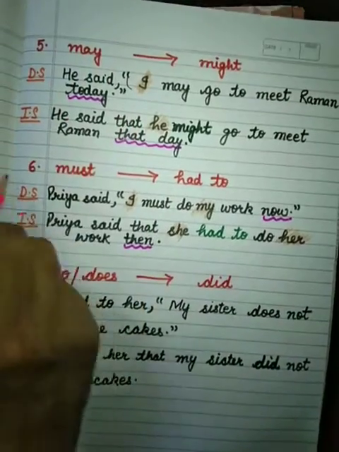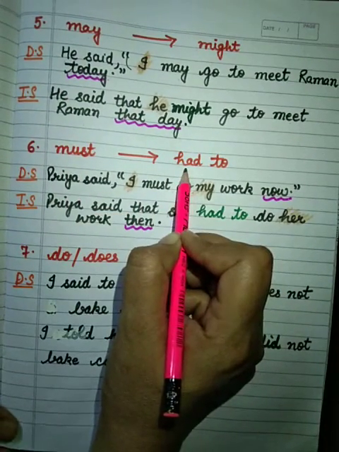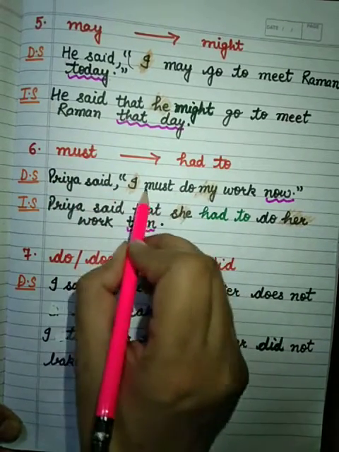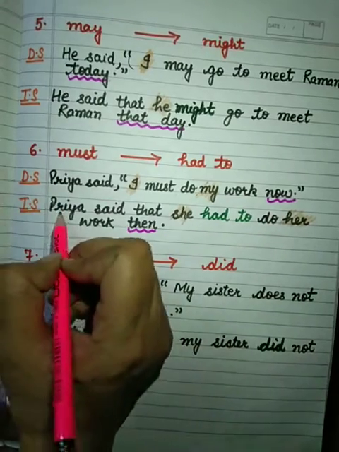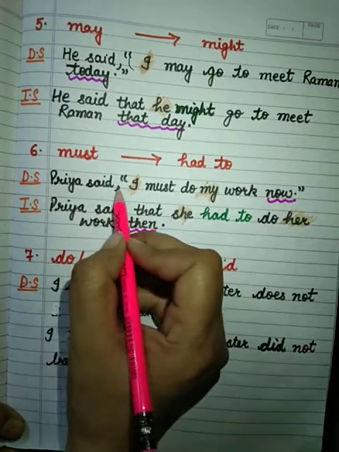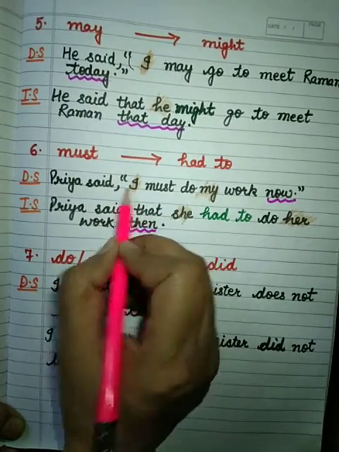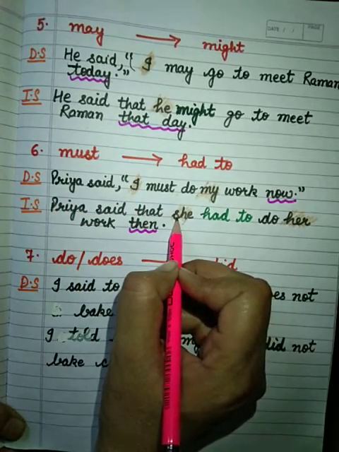Fine. Now next is must changes into had to. Direct speech example. Priya said, I must do my work now. Priya said will remain said. No change in it. Remove these quotation marks and use that. I will change according to Priya, so it will become she.